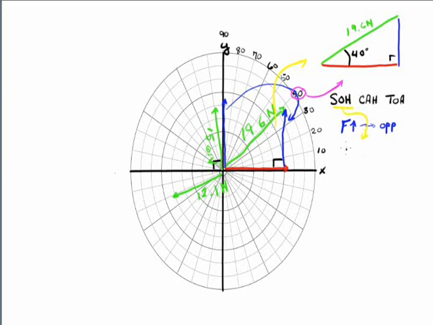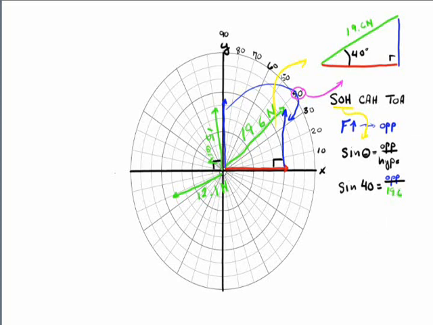So I'm going to take the sine of theta equals opposite over hypotenuse. The sine of 40 equals, do I know what the opposite is? I don't, so I'm just simply going to write it again. Divided by, do I know what hypotenuse is? I do, it's 19.6.